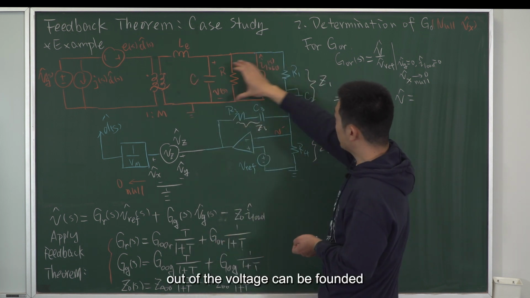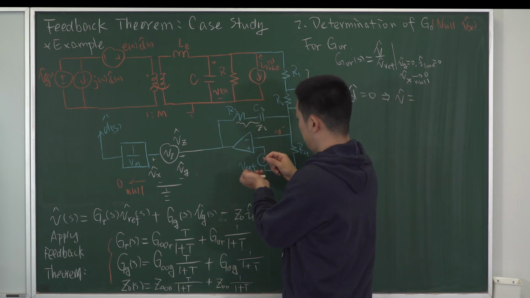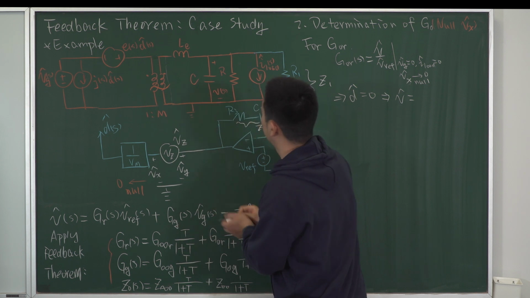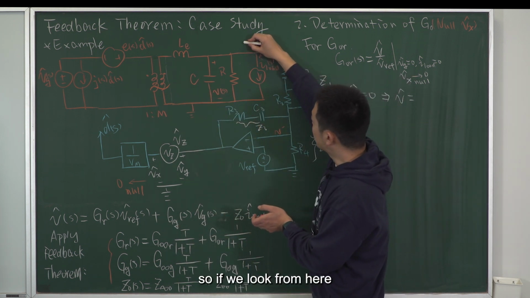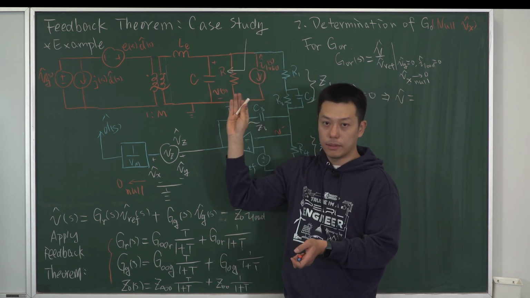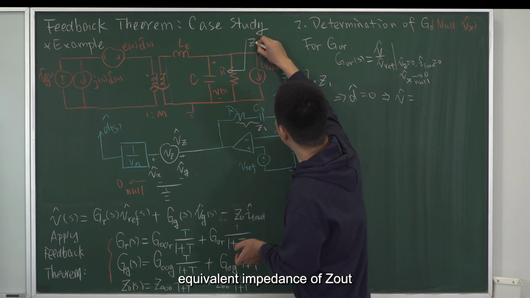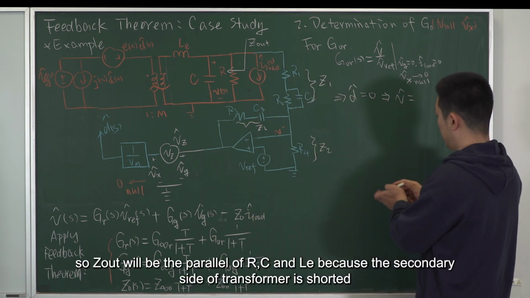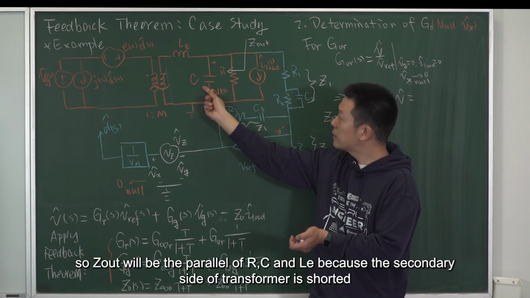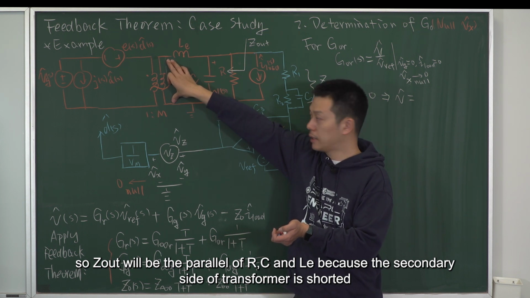Then the output voltage can be found from V minus in this part to ground, right? So here is like shorted. So if we look from here to the left, this will give us an equivalent impedance of Z out. So Z out will be the parallel of R, C, and LE, because the secondary side of the transformer is shorted.